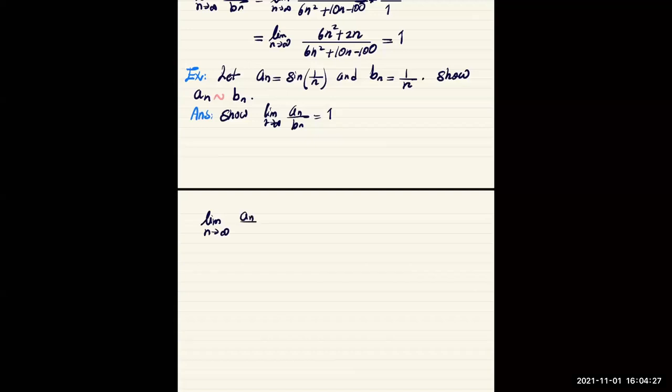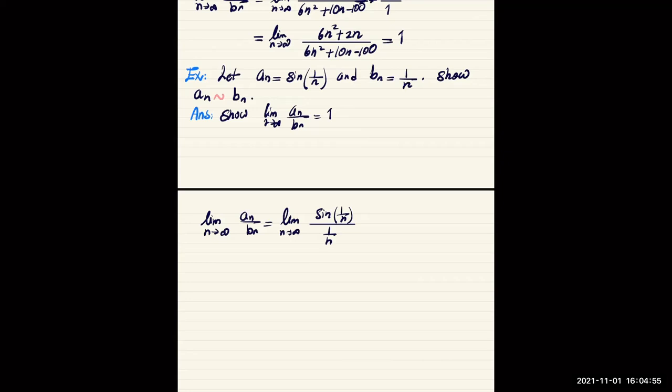Okay, so here a sub n is sine of 1 over n. B sub n is 1 over n. Did I tell you guys, a couple of people on the first exam canceled the 1 over n's? Can't do that.